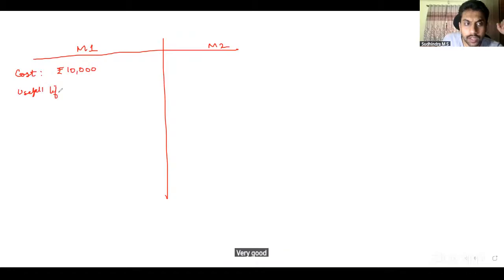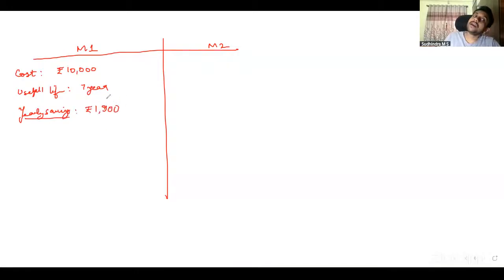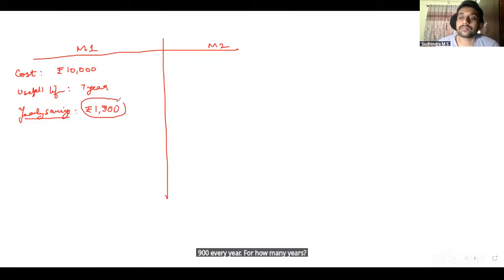Now, if I purchase that machinery, what is the yearly savings? 1,900. 1,900 every year. For how many years? 7 years. So 1,900, 1,900, 1,900 likewise for 7 years.